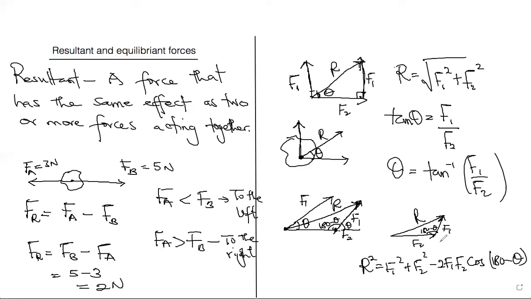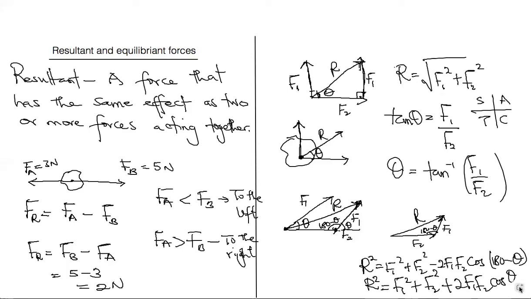So cos 180 minus theta will be equal to minus cos theta, because in the second quadrant, cosine is negative. The angle here is basically 180 minus theta. So then R squared can be written as F1 squared plus F2 squared plus 2 F1 F2 cos theta. Okay, so that's how you obtain the resultant.